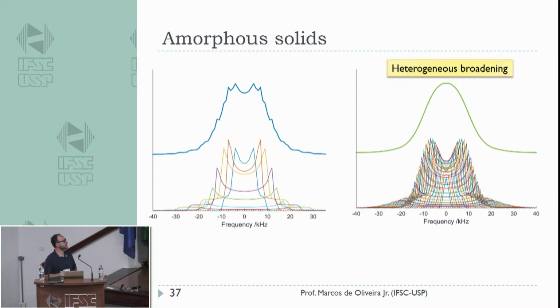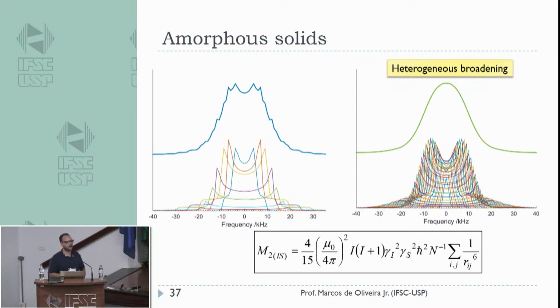What happens in the glass is that we have a mixture of them. So if we put some together, we have this line shape. If we put many of them together, we have a Gaussian line. And then we cannot have information anymore about these splittings here, but we can have an overall information about the average dipolar coupling we have in our sample.